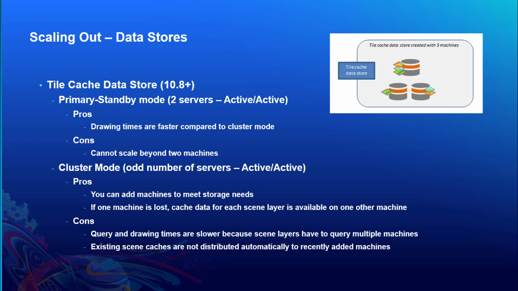There are some trade-offs though, some cons, where query and draw times are slower. And this again is relative to the primary standby mode because scene layers have to query multiple machines. And also existing scene caches are not distributed automatically to recently added machines. So that might have to be rebalanced as you add another machine later.